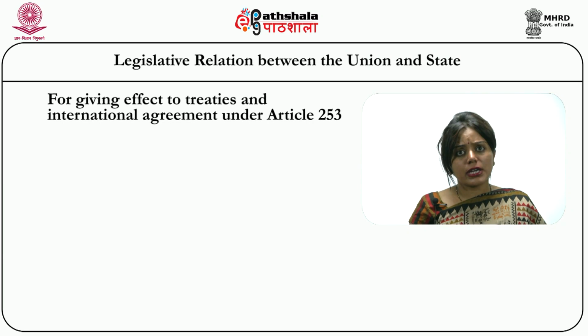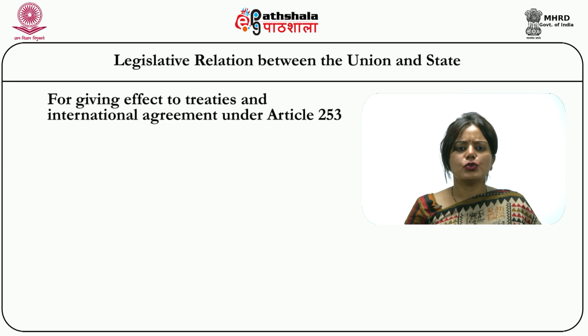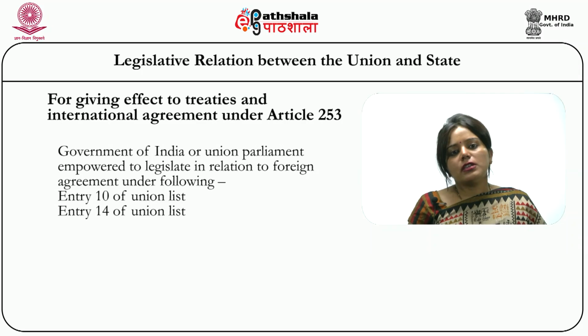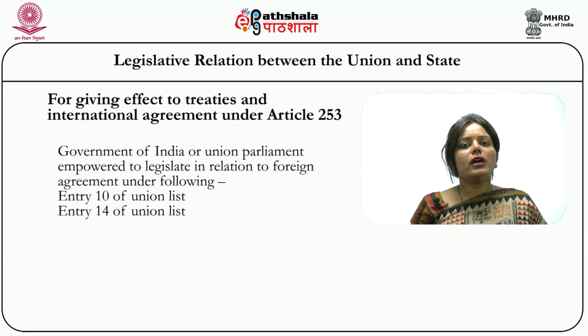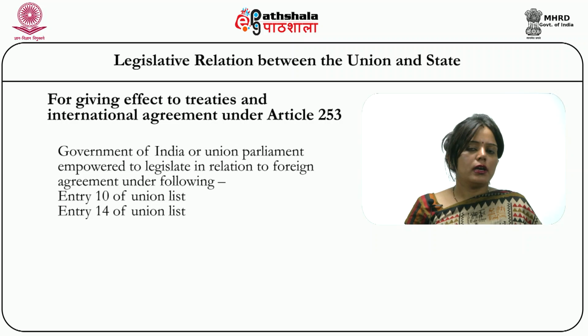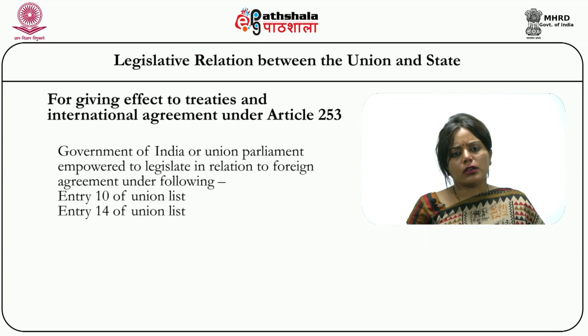And the next is that Parliament can make laws for giving effect to treaties and international agreements under Article 253. Here again, the Government of India or Union Parliament is empowered to legislate in relation to foreign agreements under entry 10 of the Union List, and entry 14 of the Union List.